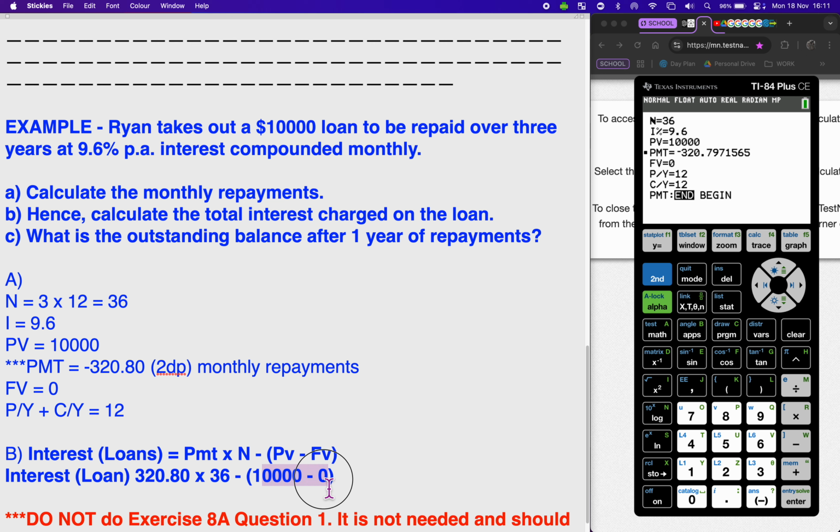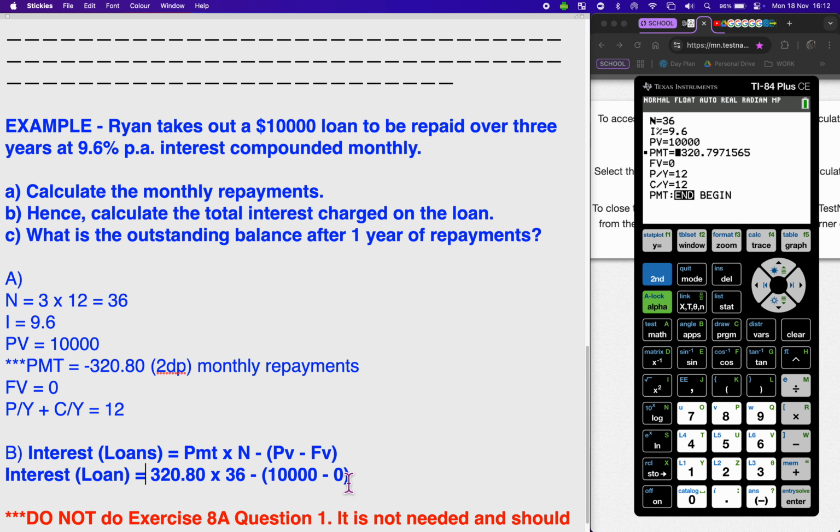So this little bracket is working out how much debt you paid off. Because we're pretending you paid off the loan, you went from 10 grand to nothing. So you paid off $10,000 of debt with your $320.80 paid off 36 times.